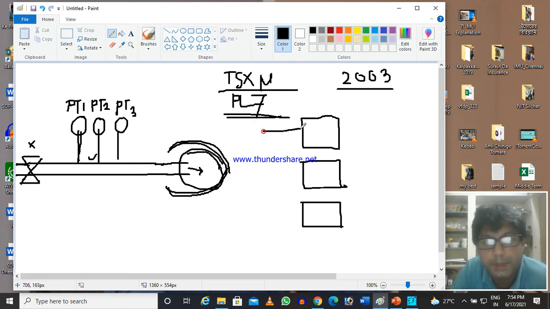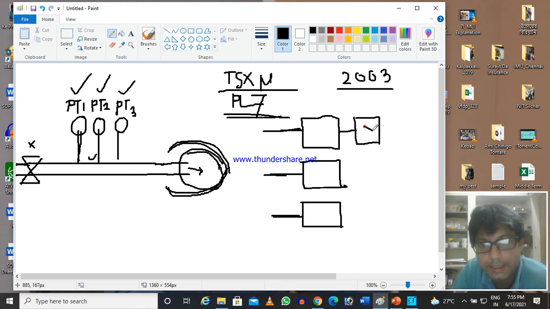These 3 PTs are 4 to 20 milliamp signals. They are connected to 3 analog inputs in the FBD, the functional block diagram. Then each goes to a greater than block.